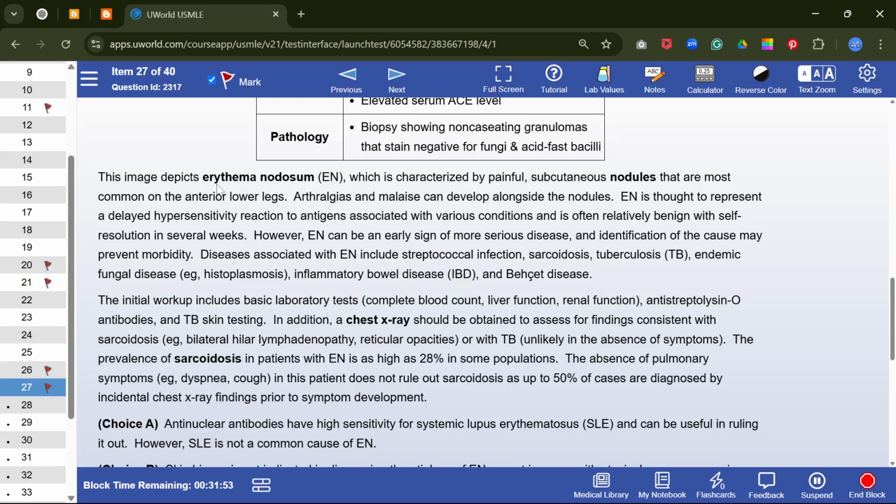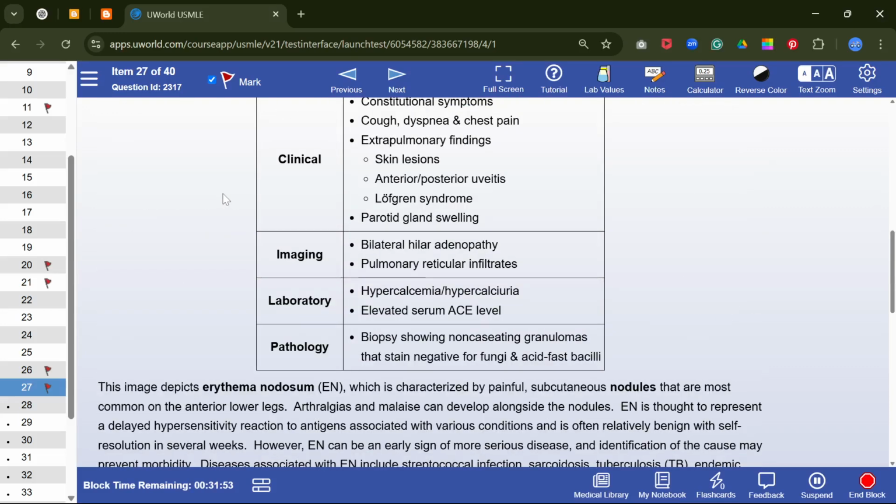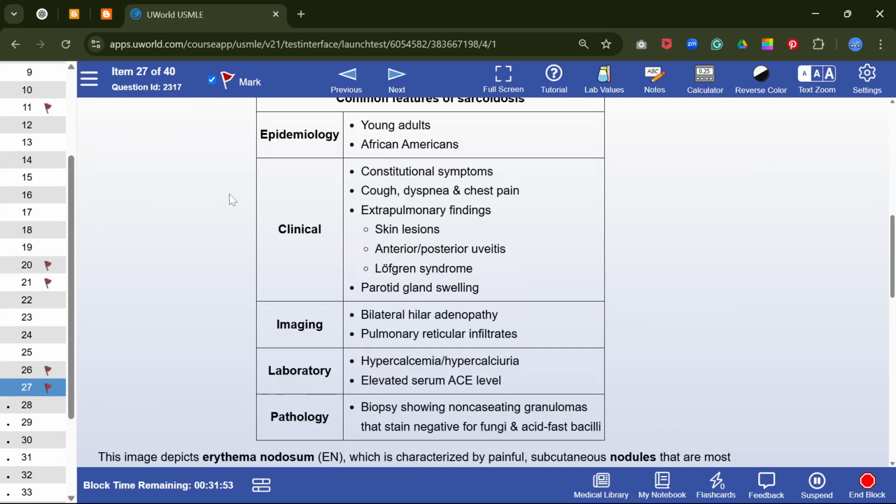Okay, yes. Common features of sarcoidosis: young adults, African American, constitutional symptoms, cough, dyspnea, chest pain, erythema nodosum.